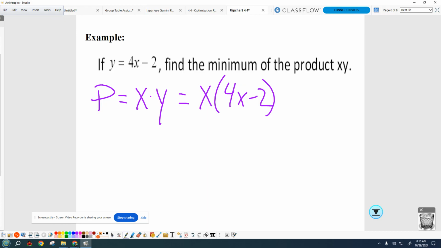Which one are we doing in this case? Okay, so do that.